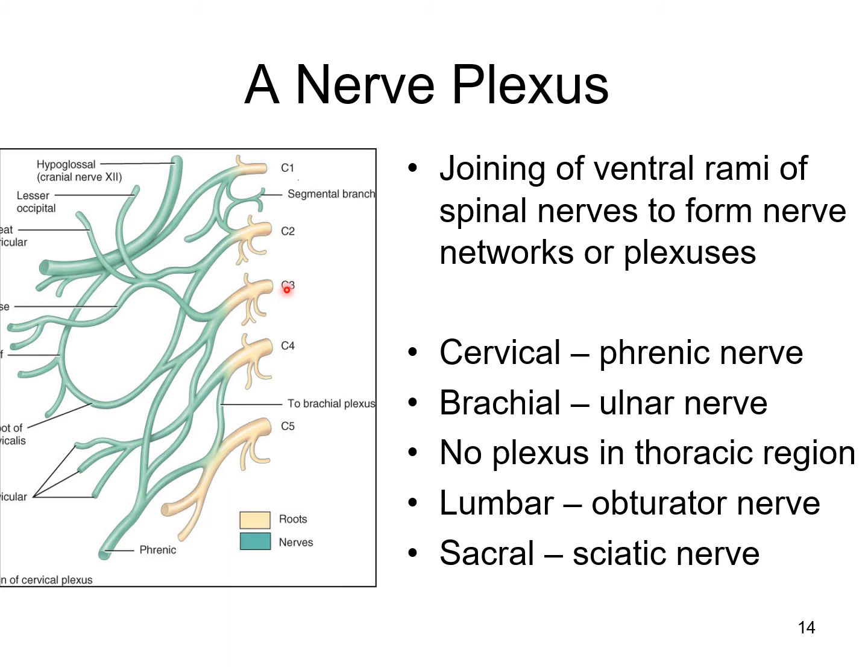We have several nerve plexuses right next to the spinal cord, right after the spinal nerves exit the spinal cord. In the cervical region, we're going to see a little better view of this. We're going to mention the phrenic nerve, because the phrenic nerve supplies the diaphragm with nerve impulses, super important.